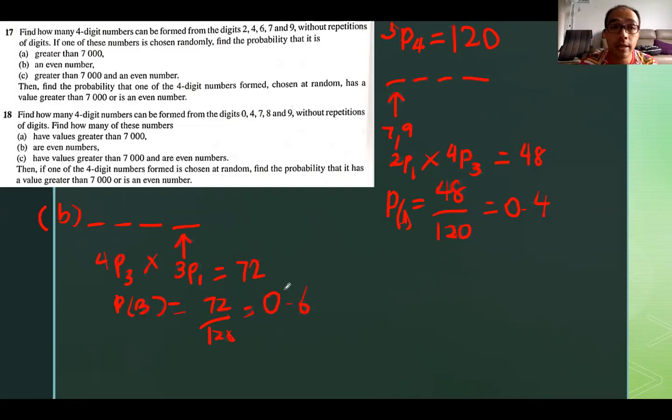The probability of this is 0.6. Now, greater than 7,000 and an even number. We want both of these to happen at the same time. So greater than 7,000 and an even number.